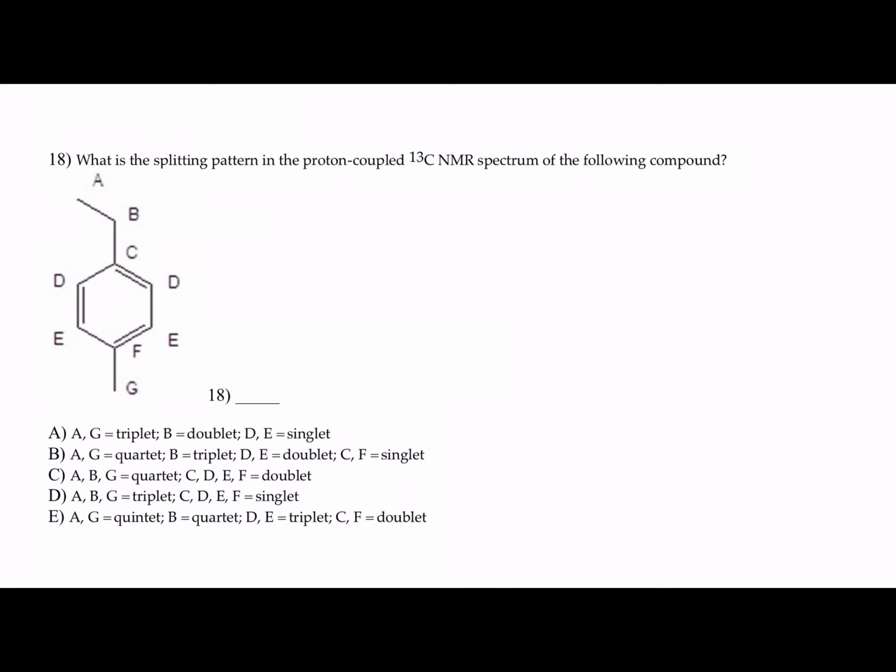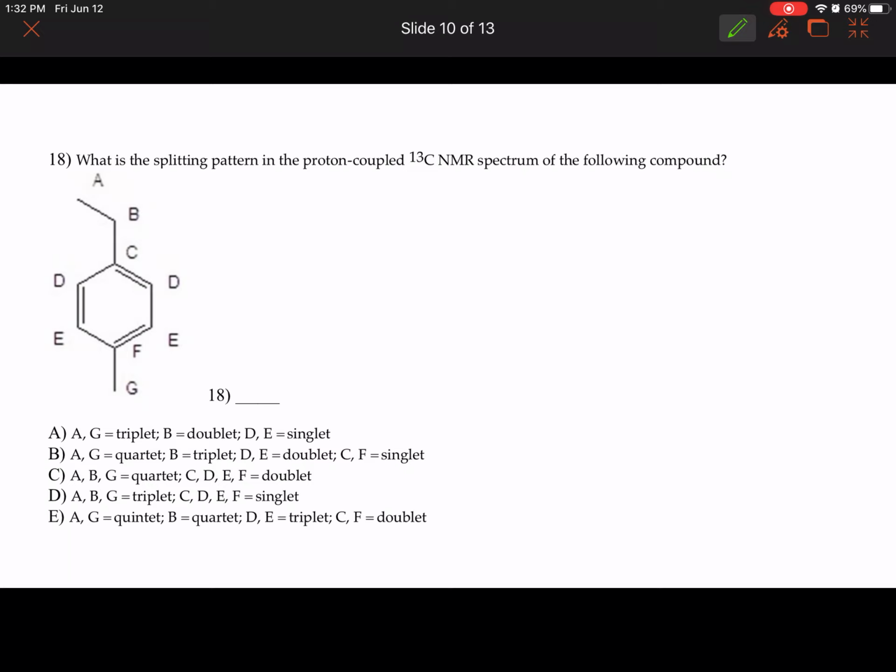18. What's the splitting pattern in the proton coupled carbon 13 NMR? Proton coupled means, now in the proton NMR we talk about the splitting due to the neighboring carbon's hydrogens.